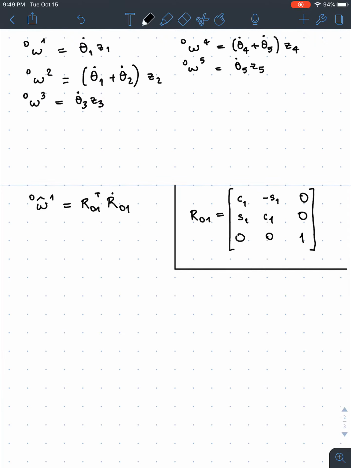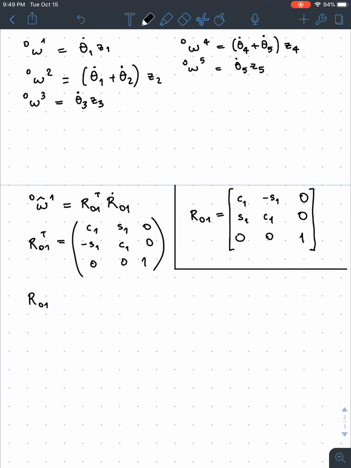If I go ahead and do the calculation, let me write R01 transpose here. That's going to be cosine 1, sine 1, 0, minus sine 1, cosine 1, 0, 0, 0, 1.